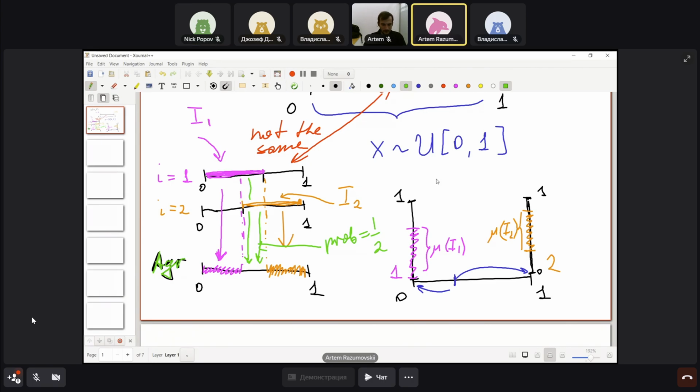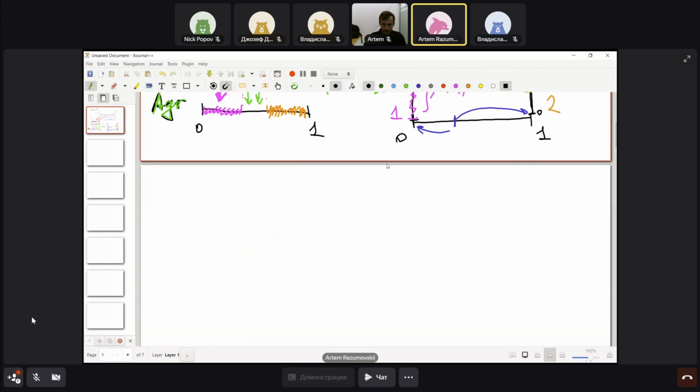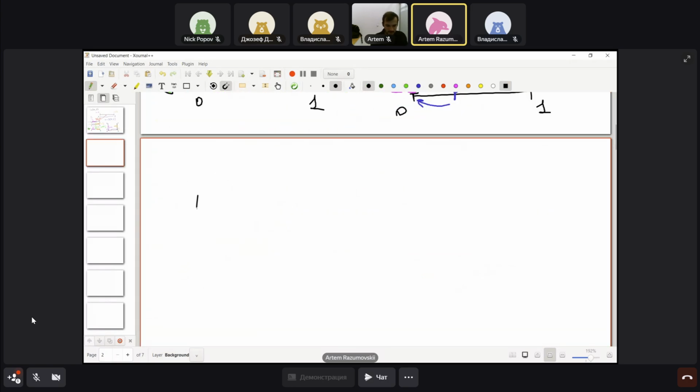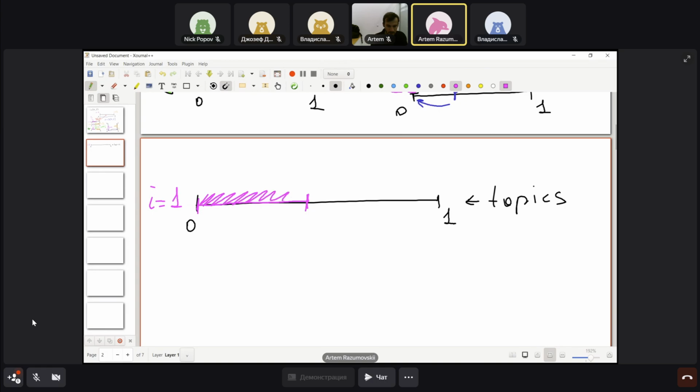So then, yeah, let me once again redraw this picture. Let's firstly think about the first platform. So that's the interval of, let's call it topics. So then they're thinking about the first agency. And they decided to, let's say, fill with high quality. Yes, so it's high quality.